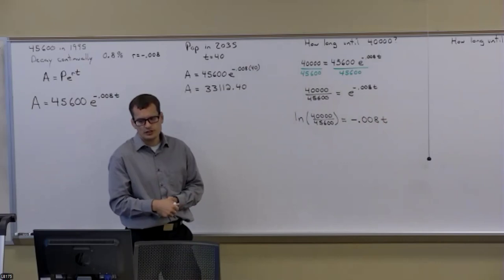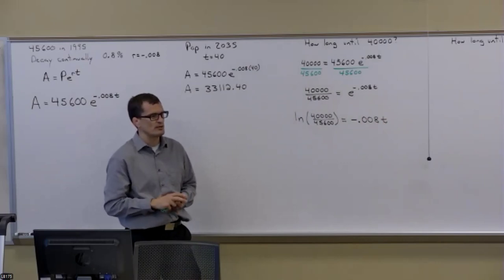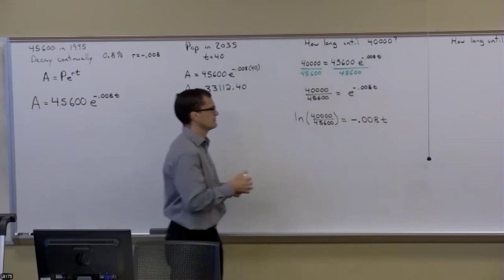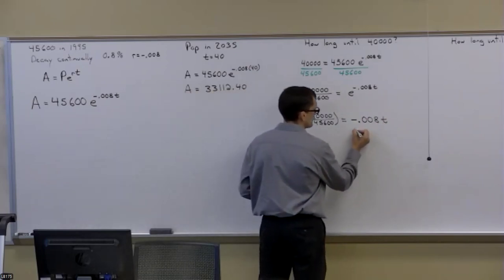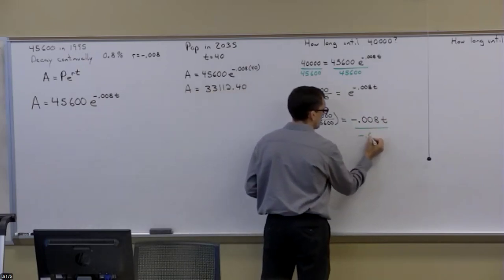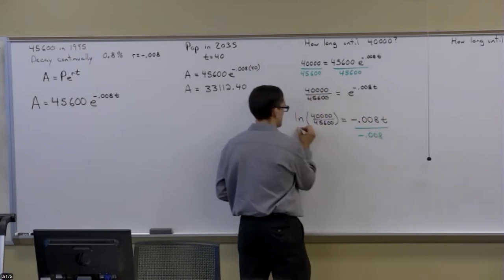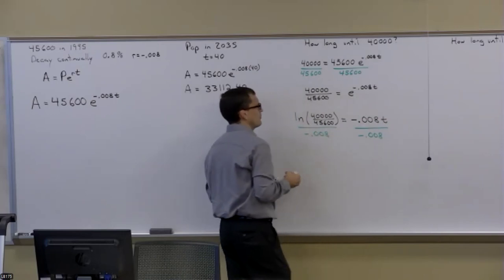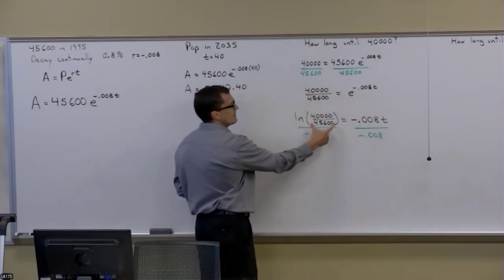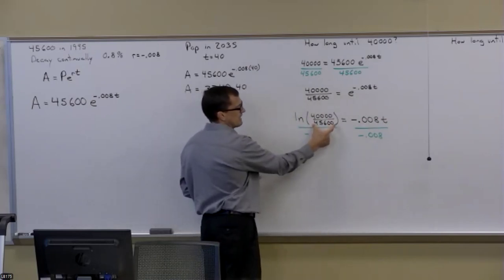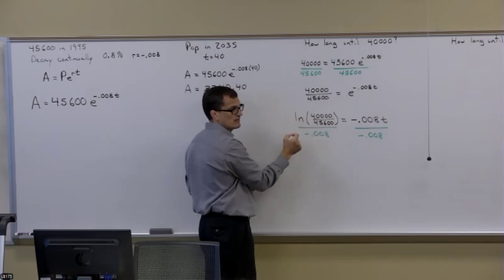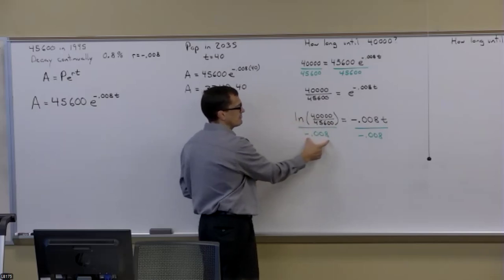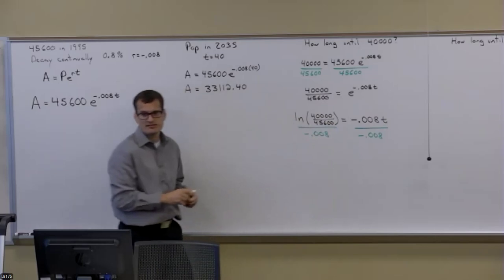So we have a coefficient of negative 0.008, and we'll just divide both sides by that coefficient. Divide by negative 0.008. Be careful when you type this in. The fraction of 40,000 over 45,600 is in the argument of the natural log, but the negative 0.008 is not.